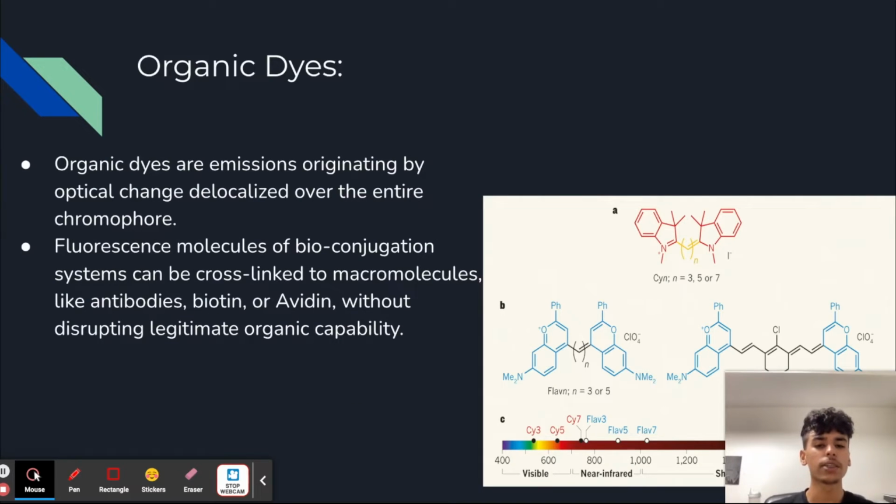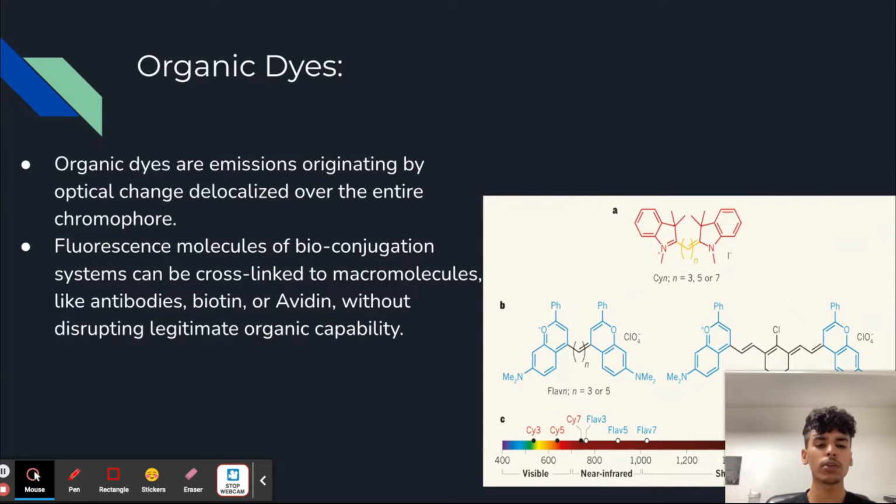Number one, organic dyes. Organic dyes are described as emanations starting from optical change delocalized over the entire chromophore or from intermolecular change move transitions. The small size of these fluors is the advantage over natural fluorescence molecules for bioconjunction systems, since they can be cross-linked to macromolecules like antibodies, biotin, avidin without disrupting legitimate organic capability.